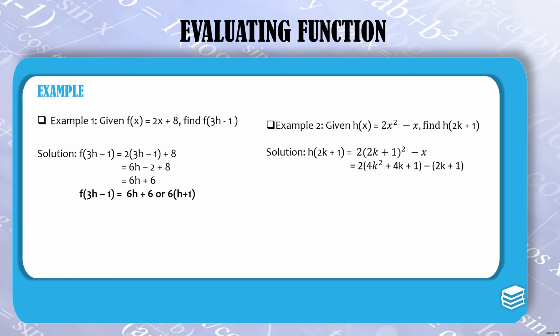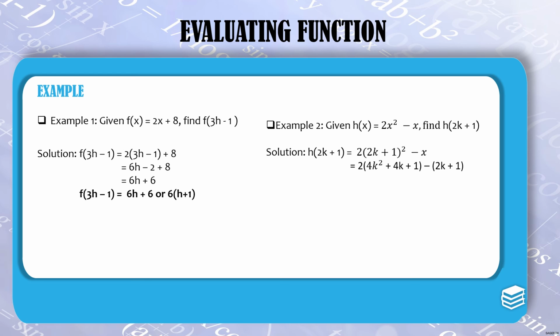Or as a shortcut, pag nagmumultiply kayo ng perfect square binomial, square the first term, that is 2k quantity squared, kaya magkakaroon ka ng 4k squared. And then multiply yung nasa loob ng parenthesis, that is 2k times 1 times 2 yung exponent, kaya nagkaroon ka ng positive 4k, and then square the last term, that is 1 times 1, you get 1.